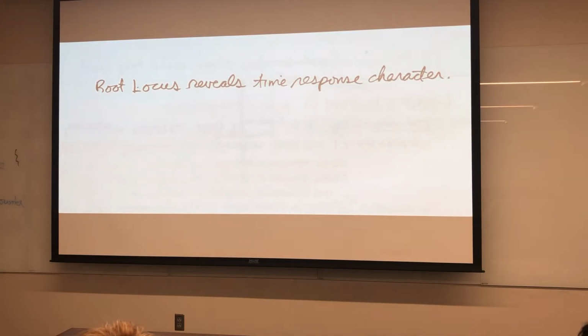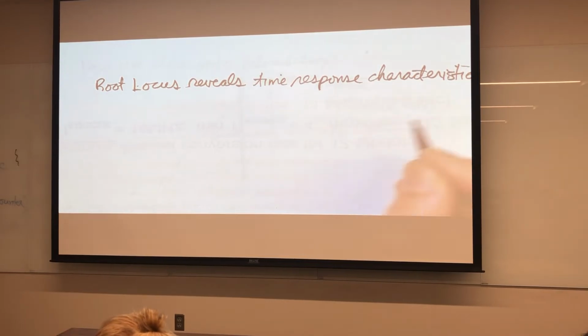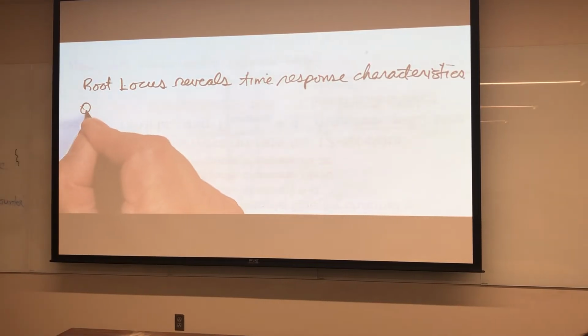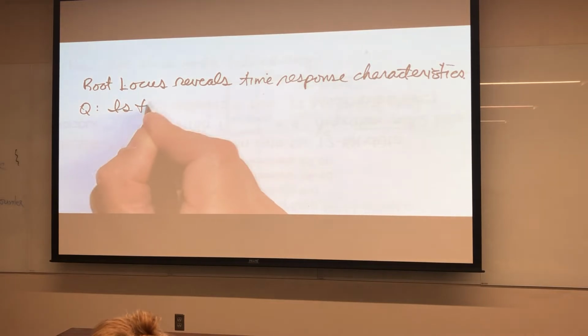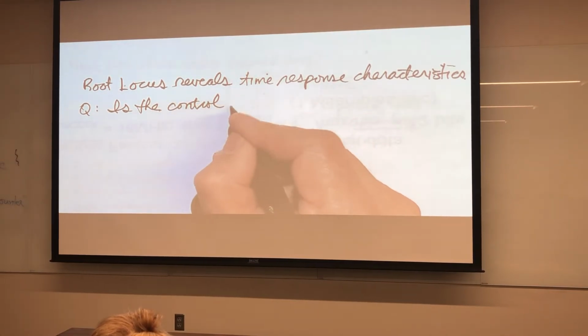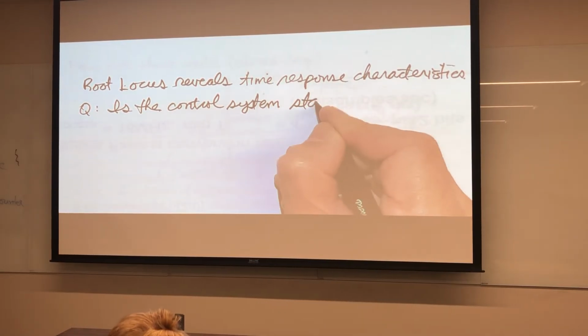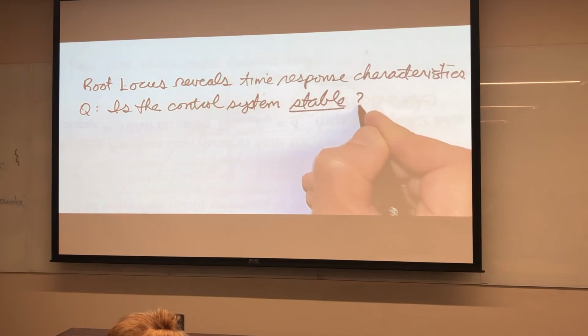The root locus reveals the character of the time response. It reveals the time response characteristics. So one of the questions I can ask is, is this control system workable? If it's workable, it better be stable.